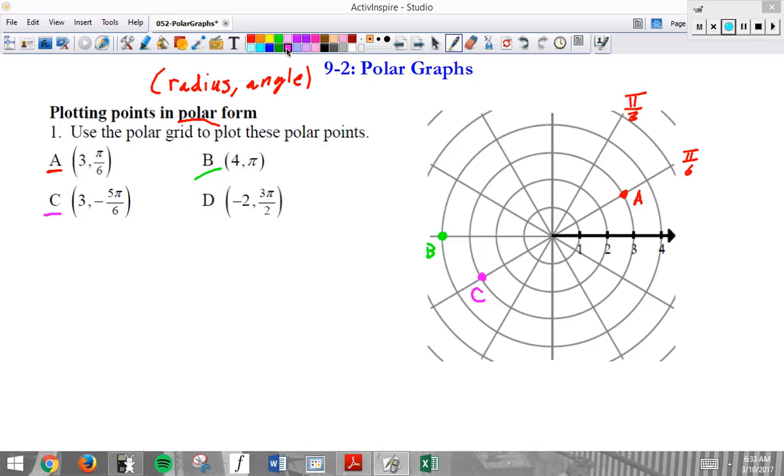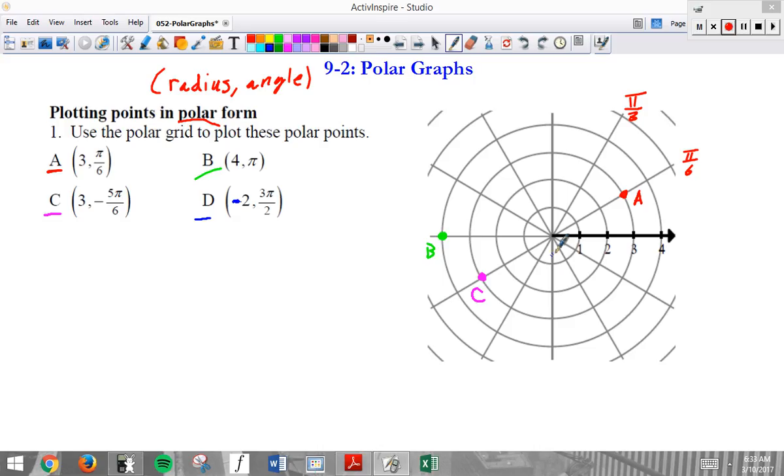Okay, this last one is the one that's confusing to people. So here's the angle method first. The angle version of D would be to go 3 pi over 2. Where is my 3 pi over 2 line? You should all know this by heart. It's the negative side of the y-axis. But now the radius is negative 2. That's what makes this the hardest one.